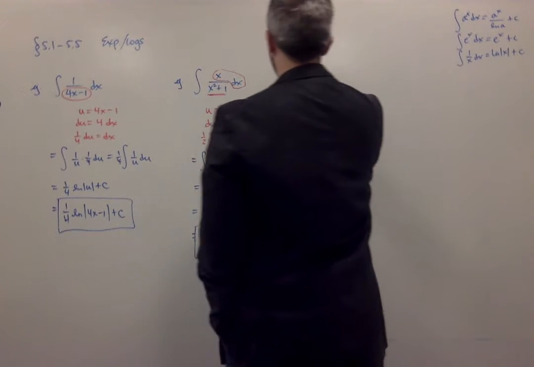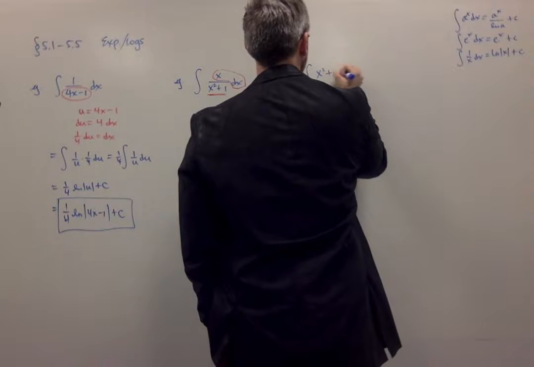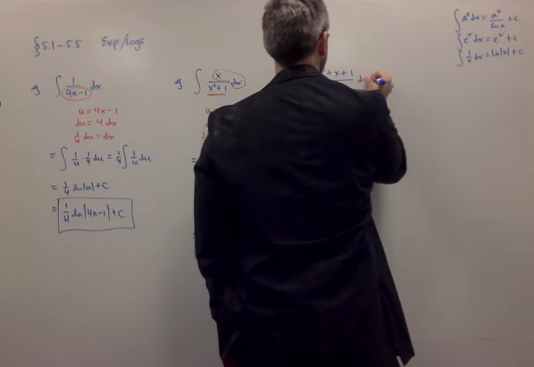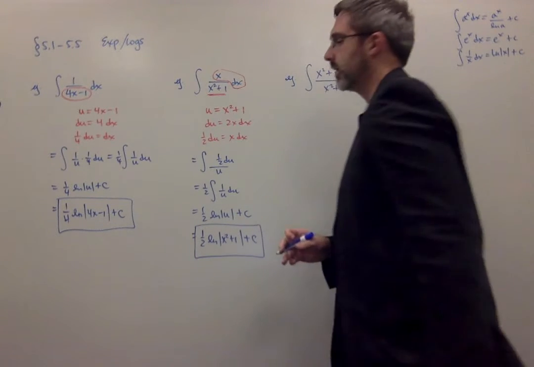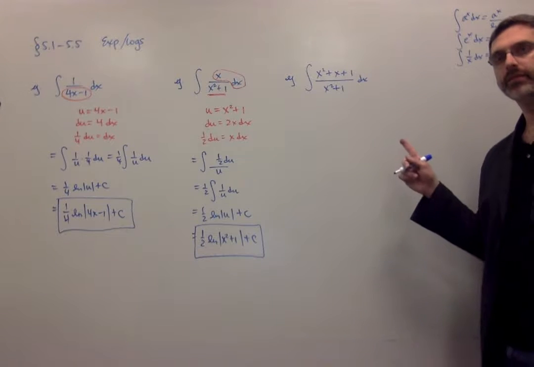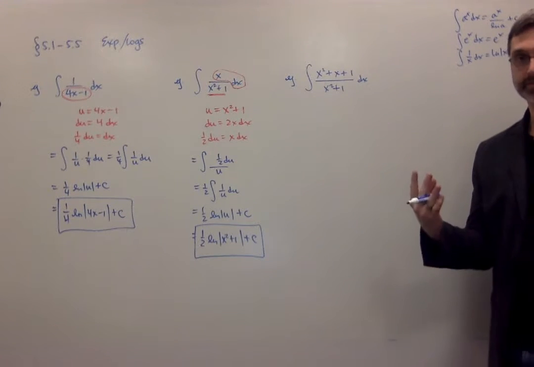All right, let's look at another example. Let's do the integral of x squared plus x plus 1 over x squared plus 1. Okay. Now, we are going to tackle these kinds of problems in much more generality when we get to chapter 7.